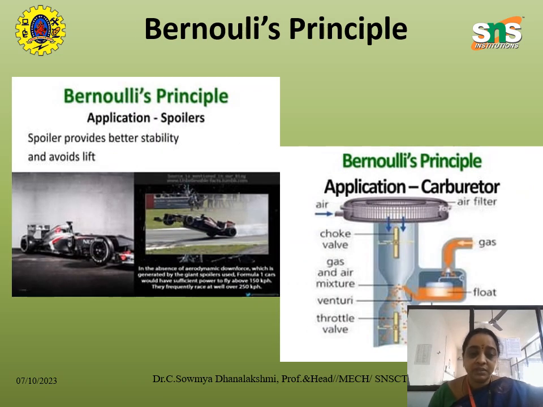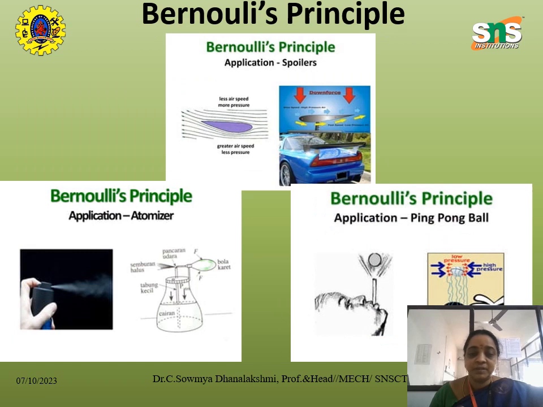So the next one is the spoiler. A spoiler provides better stability and avoids lift. And the other one is the carburetor application, which we can see in engines. So here also Bernoulli's principle is used. And the next examples are the atomizer and the ping pong ball.